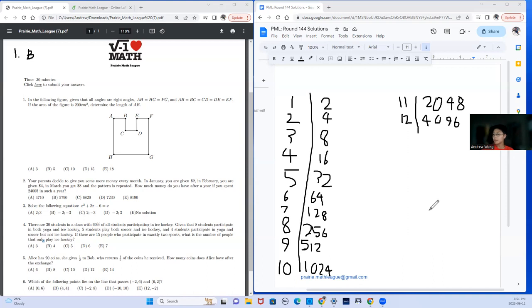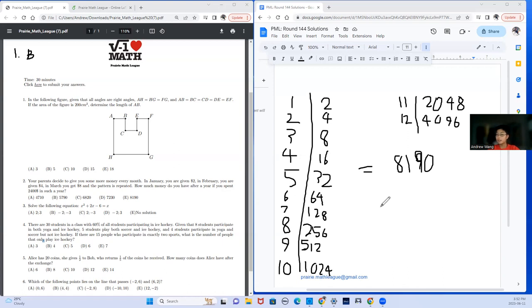Now, since it's in the span of a year, 12 months, we'll add all these values together, and we get 8,190. That's the amount of money she gained this year before she spent some.